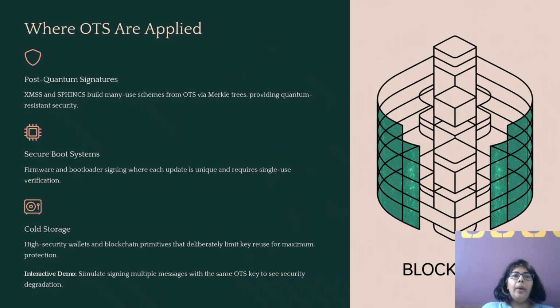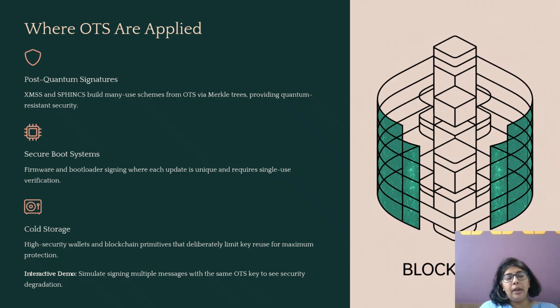Now, where OTS is applied: one-time signatures are mainly applied in post-quantum signatures, where XMSS and SPHINCS built many schemes from OTS via Merkle trees, providing quantum-resistant security.